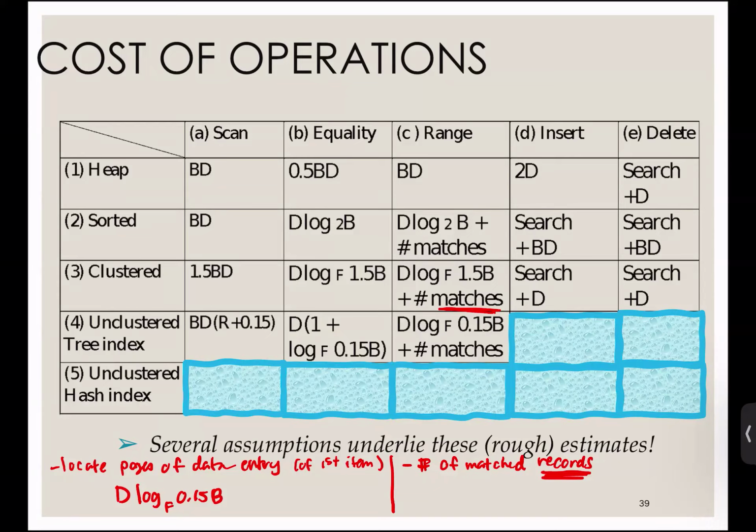Consecutive items in the index structure would not be consecutive in the real data records anymore because they have different ordering. So one record means one page. If I have 3 extra records to match, I have to read 3 extra pages. If I have 10 more records to match, I have to read 10 extra pages. This is the main difference of unclustered versus clustered index, because they're not in consecutive order.